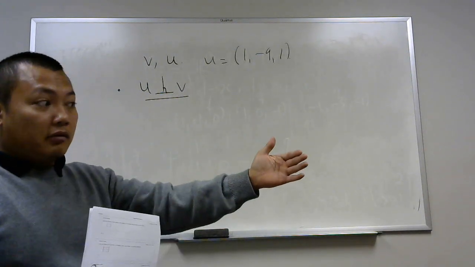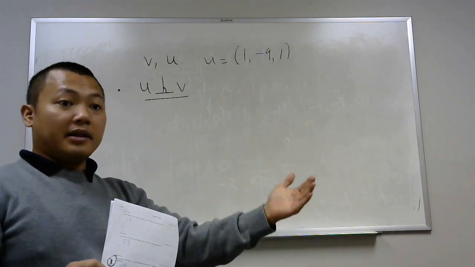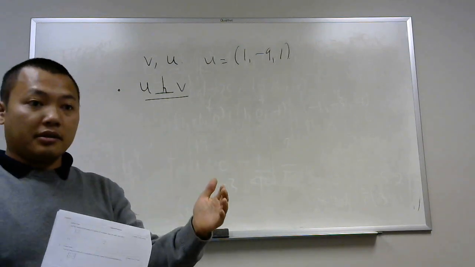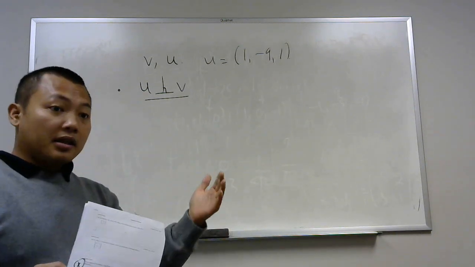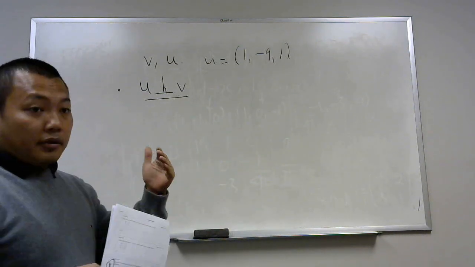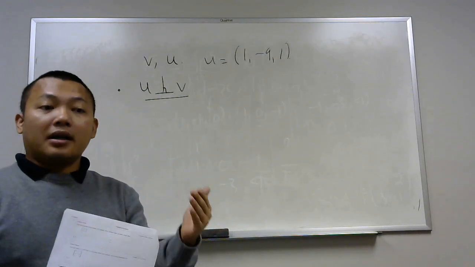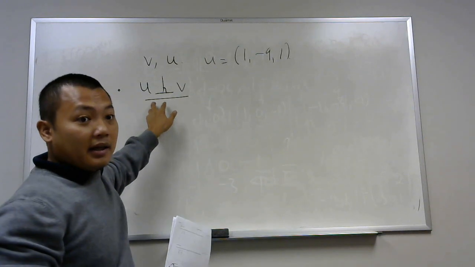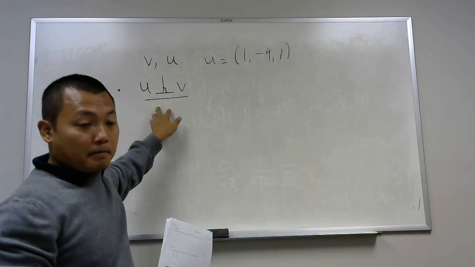Because before that, we worked with vector spaces. We didn't have any measure or distance. Now we have measure, distance, and inner product, and thanks to the inner product, we can define orthogonality. Two vectors are called orthogonal if their inner product is equal to 0.